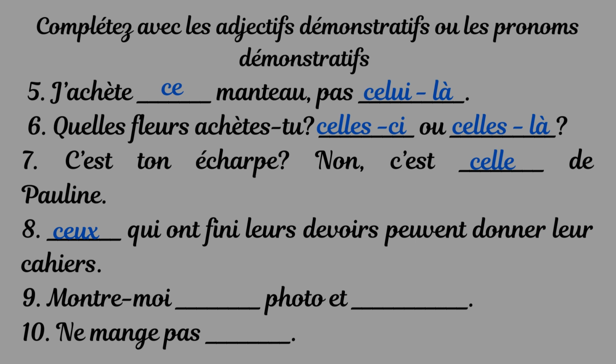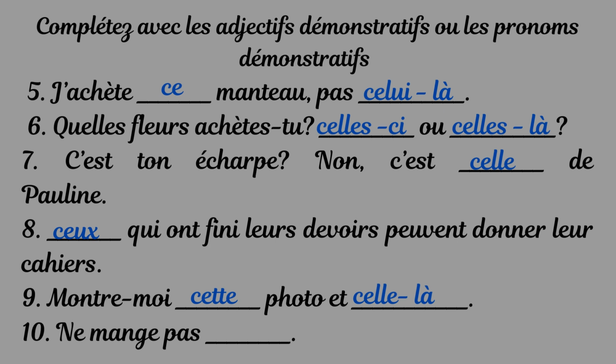Next one, montre-moi dash photo et dash. Here, because photo is feminine singular and it's a noun, we can use adjectif démonstratif cette. So show me this photo and that one. To say that one, I can use celle-là.